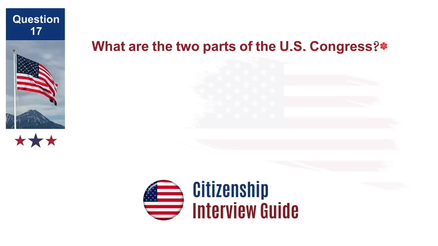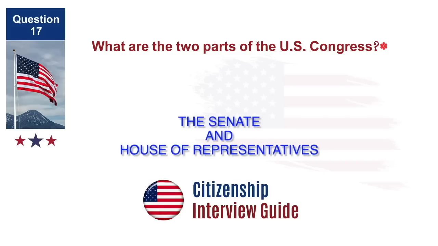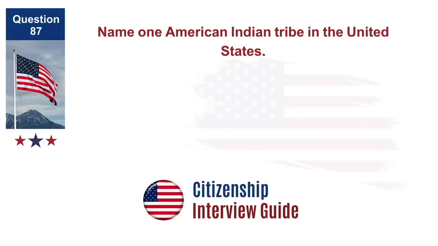What are the two parts of the U.S. Congress? The Senate and House of Representatives. Name one American Indian tribe in the United States. Cherokee.